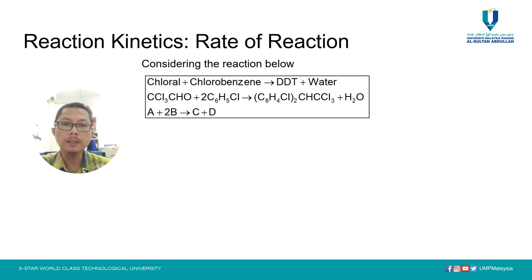Consider a reaction like this. There will be two reactants here, chlorobenzene and chloral, and two products, DDT and water. The structural formula of each component will be this, and this.